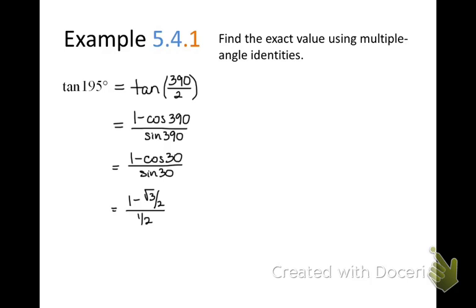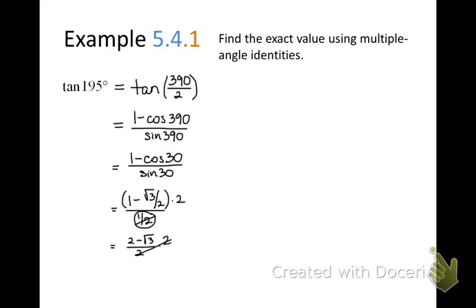1/2. So now on the numerator, I'm going to force this into a common fraction, so it'll be 2 minus root 3 divided by 2. But notice that this 1/2, I would end up multiplying it by 2 in order to take it off the bottom. So if I multiply this whole fraction by 2, what happens?